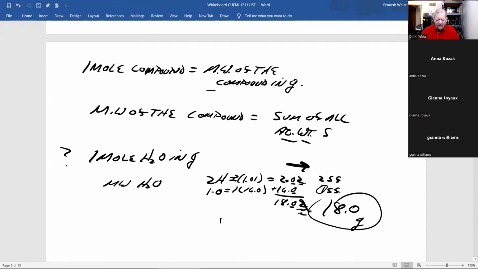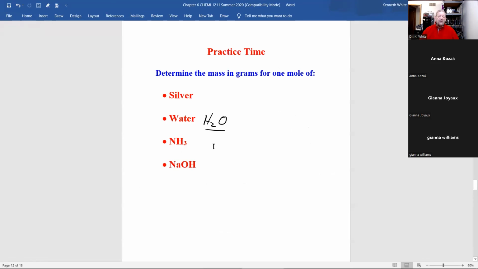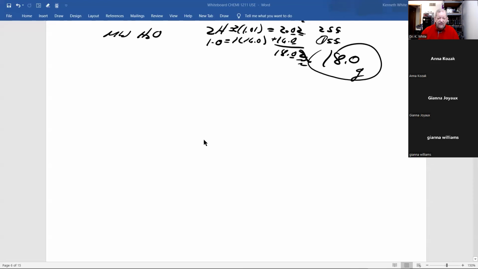So remember, the molecular weight of a compound equals 1 mole of that compound. And the molecular weight is the sum of all atomic weights. So if we go back to practice, the next one is ammonia, NH3. We would have to find 1 mole of ammonia in grams, which equals the sum of the atomic weights for ammonia, and that has 3 hydrogens and 1 nitrogen.